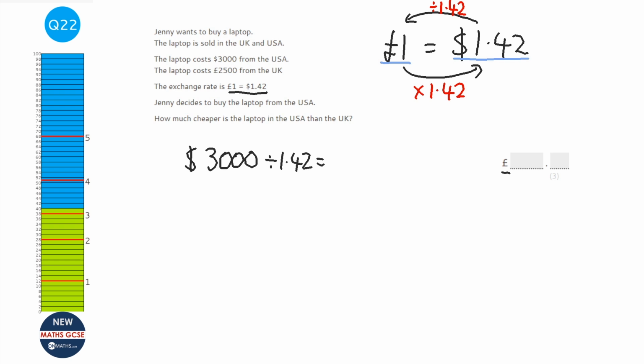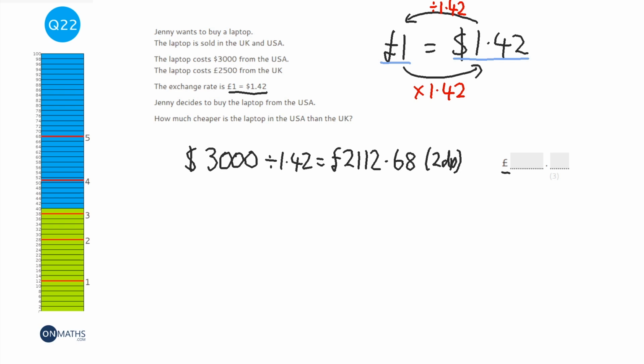So 3,000 divided by 1.42, and it's 2112.6, and we'll round to 8. Obviously to 2 decimal places, because money is always to 2 decimal places.